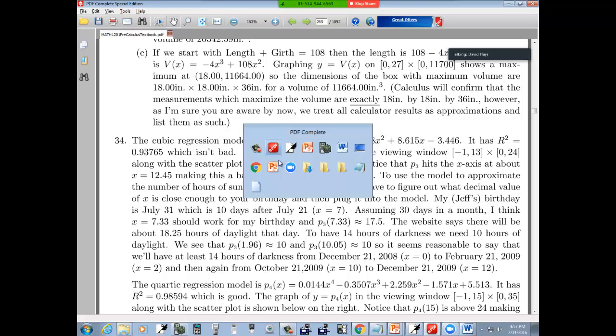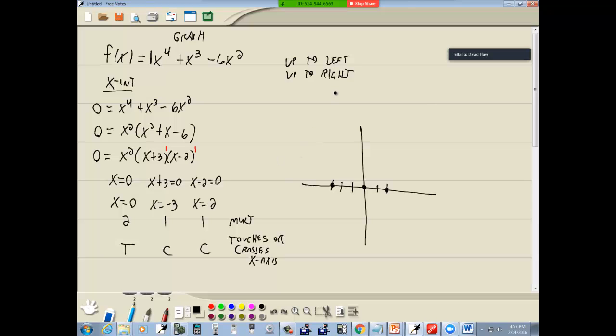And where that's beneficial then is if you know it's up to the left and up to the right, you know it touches here and crosses here, then I know generally my graph's going to come down, it's going to touch here, it's going to go up, at some point it will turn around, cross this, and then turn around and cross that. Okay, I see.